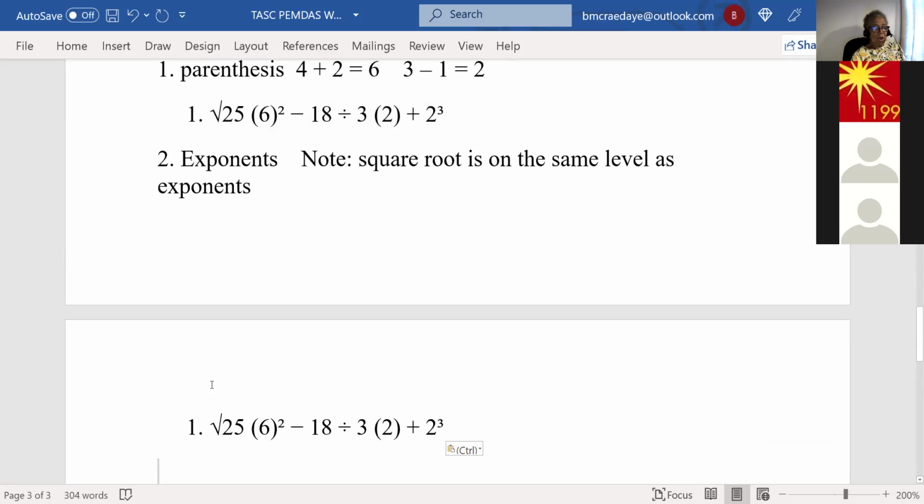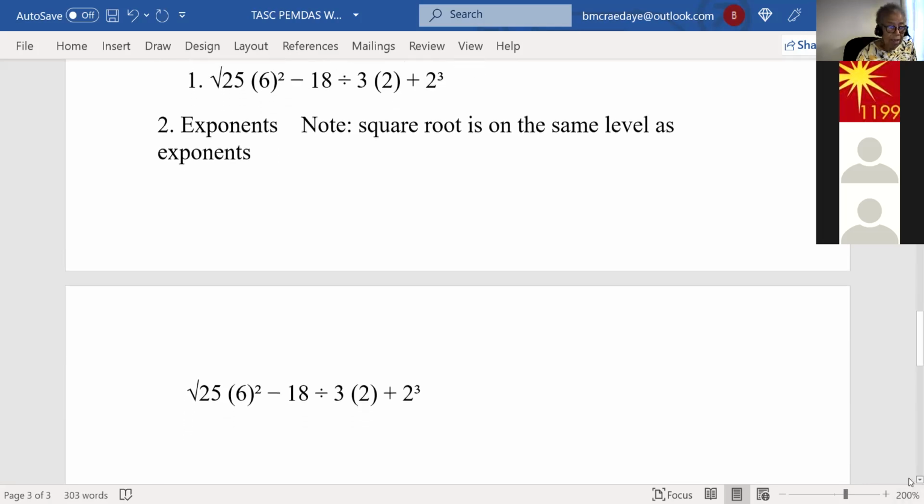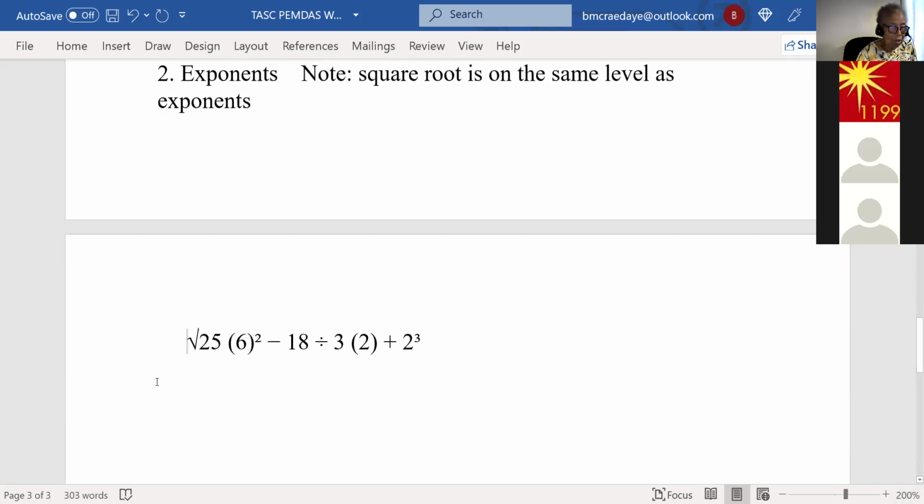Now, the square root of 25 is what? 5. Okay, so what we will do is apply our exponents and do the square root all at the same time. So this is going to be a 5. Square root of 25 is a 5.